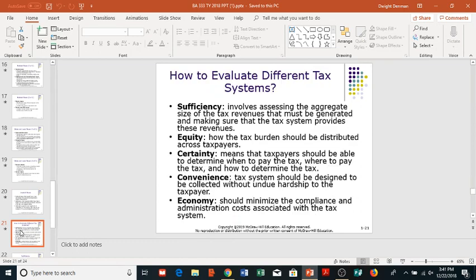How do we evaluate different tax systems? We talk about, do we have the right tax system? Does it need to change in any way? Well, you can look at this from several standpoints. First of those is, is our tax system sufficient?